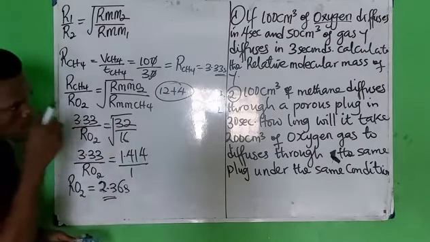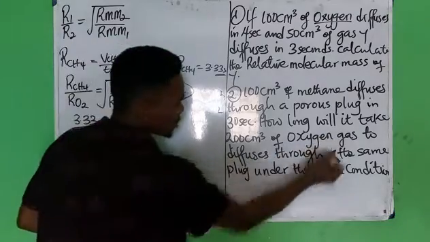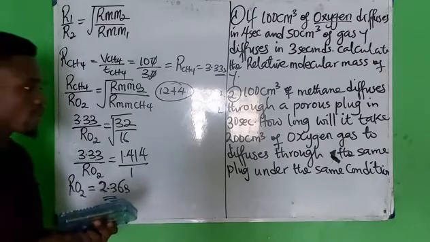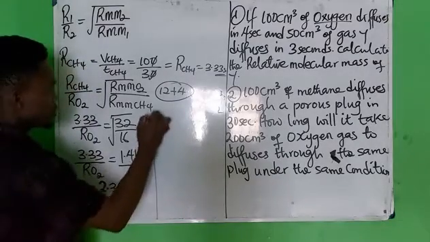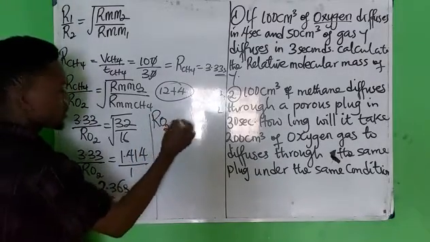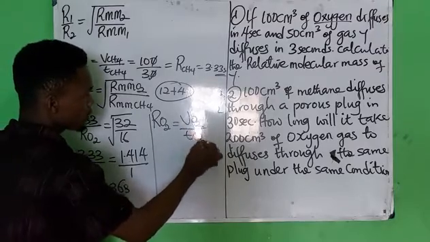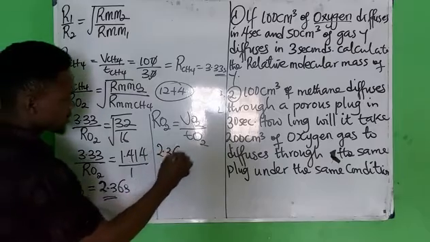It said how long will it take 200 cm cube of oxygen gas to diffuse through the same plug under the same condition? So what do you do next? You say rate of oxygen is volume of oxygen over time of oxygen. Rate of oxygen is 2.36.